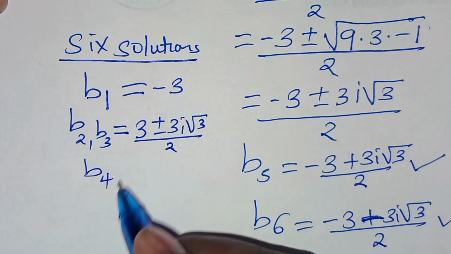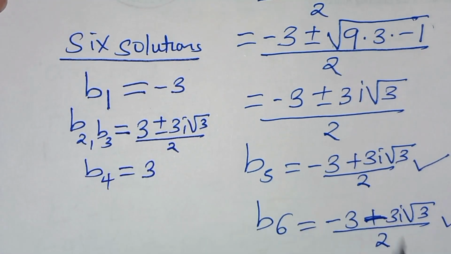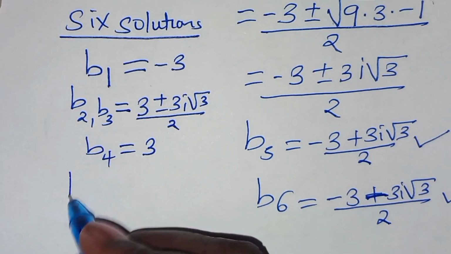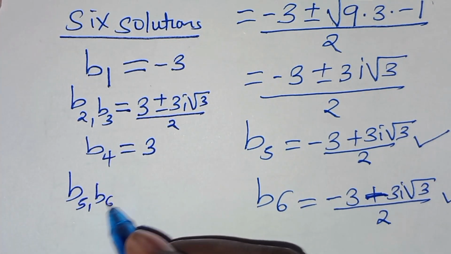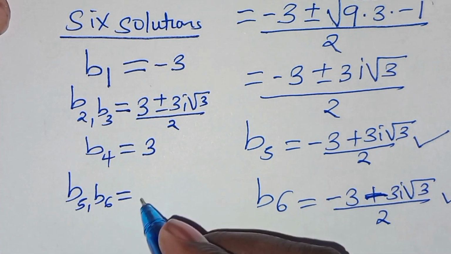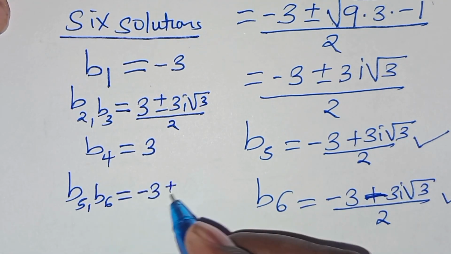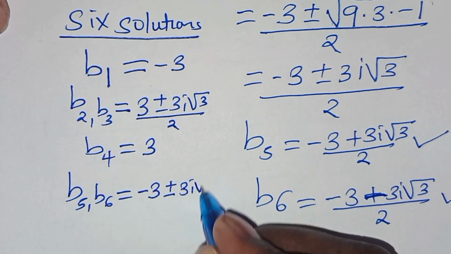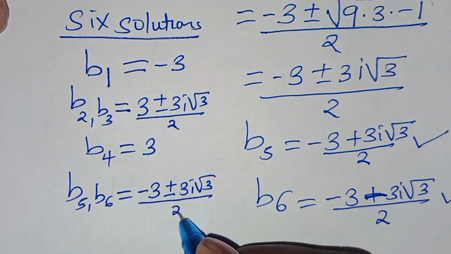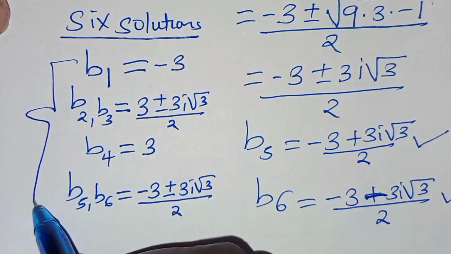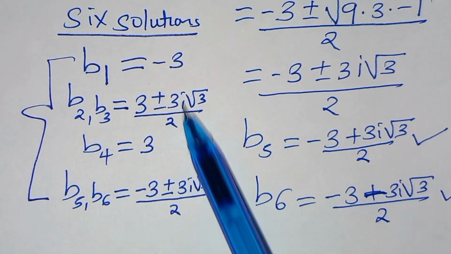We have that b4 is equal to 3. And we have that b5, b6 is equal to minus 3 plus or minus 3i square root of 3 divided by 2. These are the 6 solutions that we have to this exponential problem.